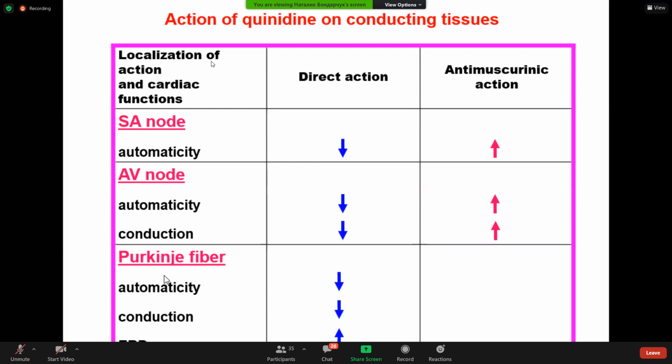Then quinidine inhibits sodium channels during the zero phase, so this drug reduces conduction. And also this drug inhibits potassium channels during the third phase. That's why it increases the duration of the effective refractory period.